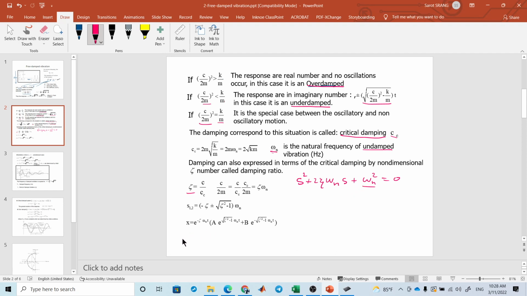And here is the general solution written with zeta and omega n. You have an exponential term whose number is always real, and another exponential term where the number can be real or complex depending on the value of zeta compared to 1.